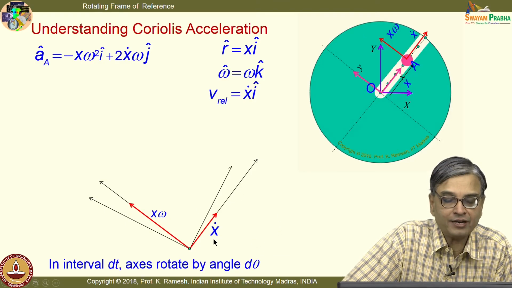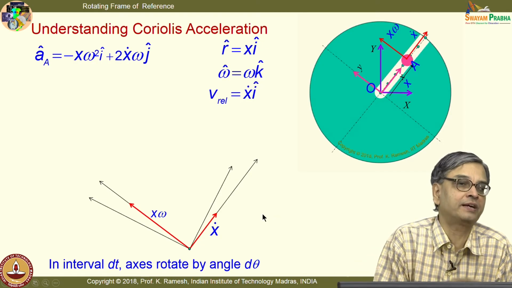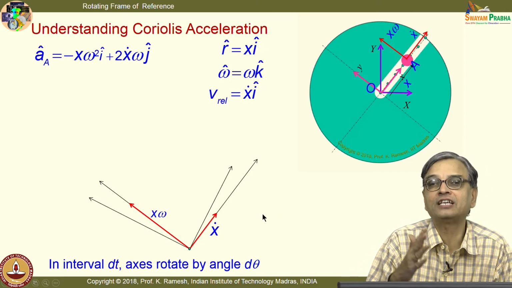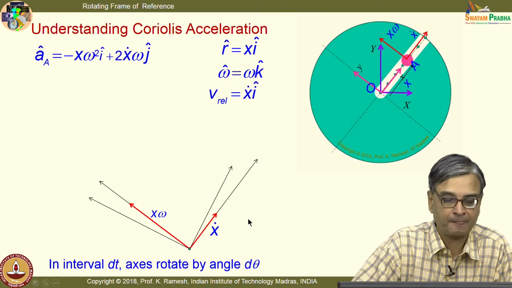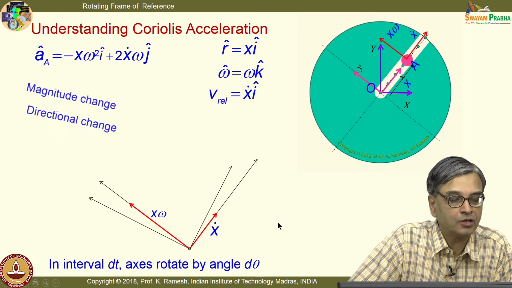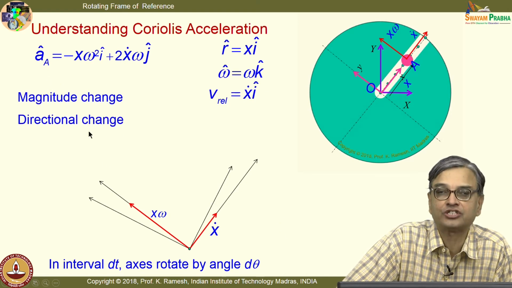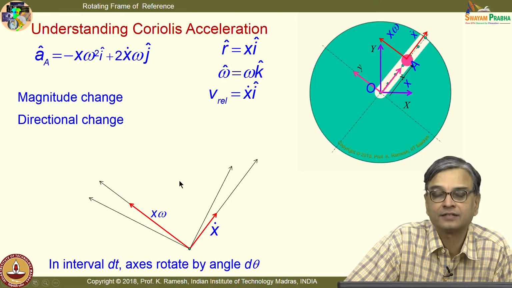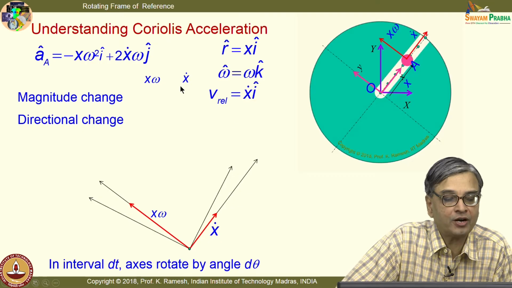Now, what I would like to investigate is, from the problem statement, how these quantities change. I have to look at the magnitude change as well as the directional change. Let me summarize. I have two components of velocity: one component is x omega, another component is x dot.